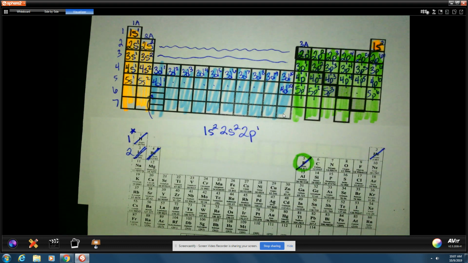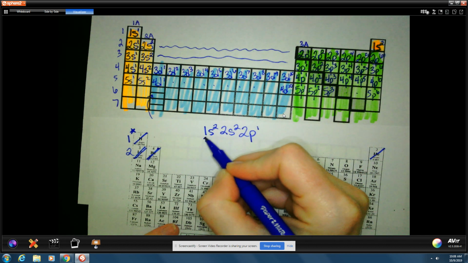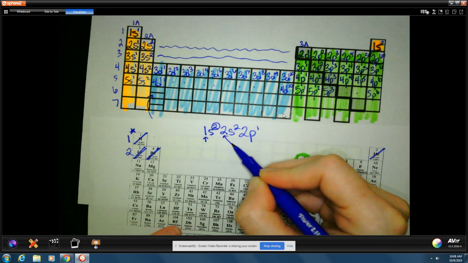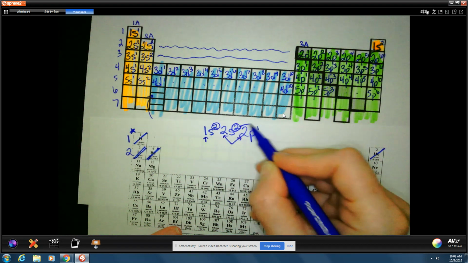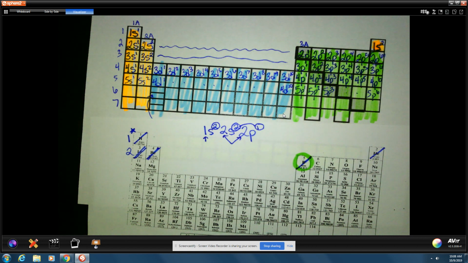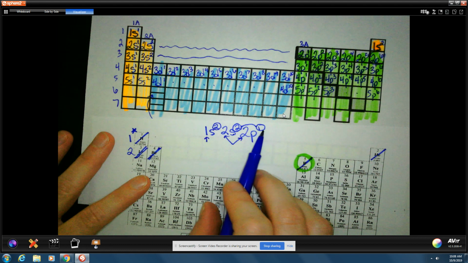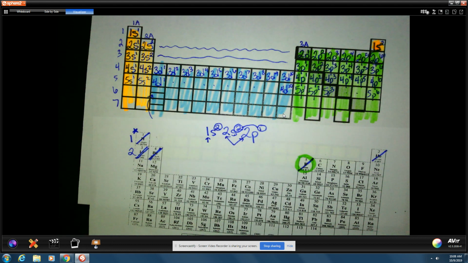So that is my address for the electron. What this tells me is that in energy level 1, I have 2 electrons. In energy level 2, I have 3 electrons. And you have 2 in the s orbital, and 1 in the p orbital, but we're not going to worry about that too much right now. So that's your first example.